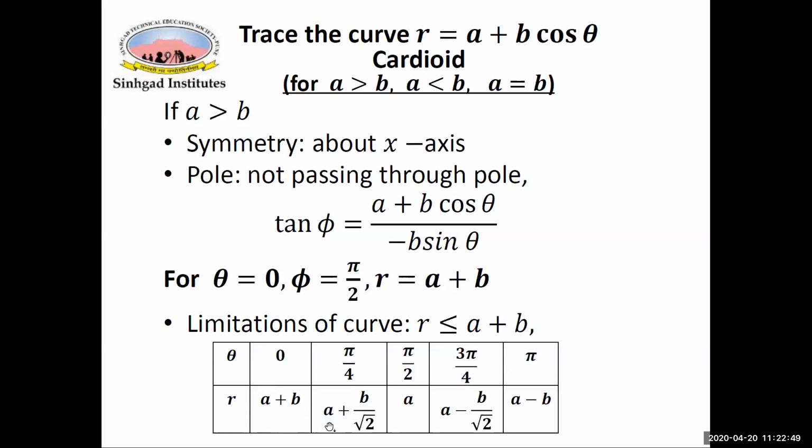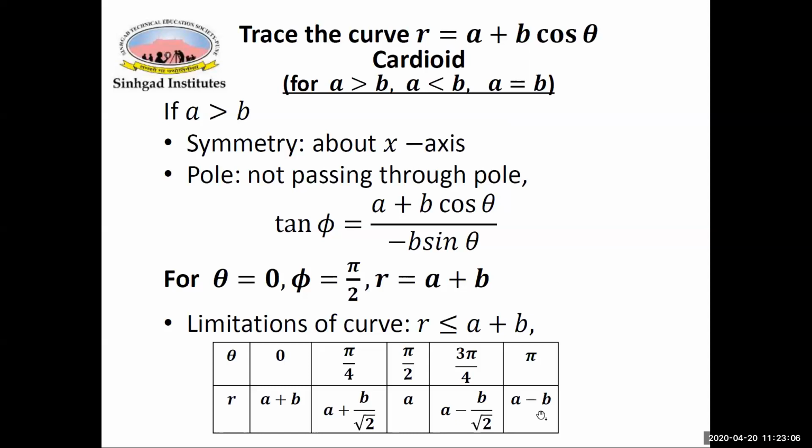For pi by 4, it is A plus B by root 2. For pi by 2, it will be A. For 3 pi by 4, cos theta will be minus 1 by root 2 and hence it is A minus B by root 2.